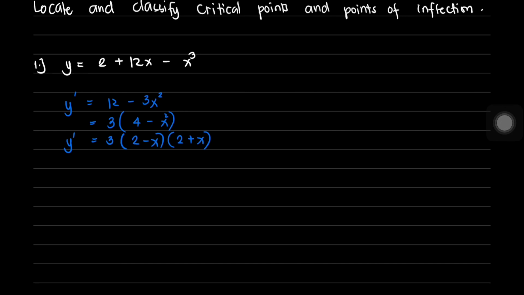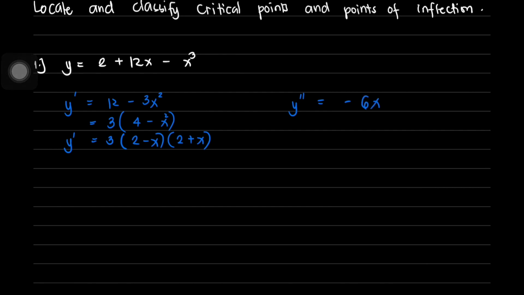Solving for the second derivative, we're just going to take 12 minus 3x squared, since the factored form is equal to it. The second derivative of 2 plus 12x minus x cubed will give us y double prime equals negative 6x.